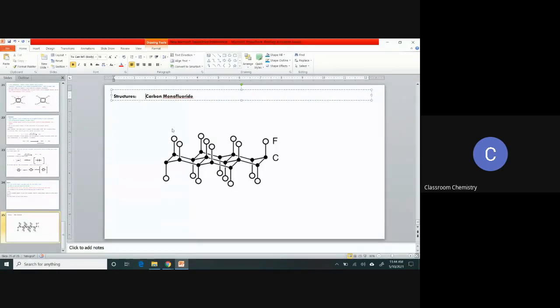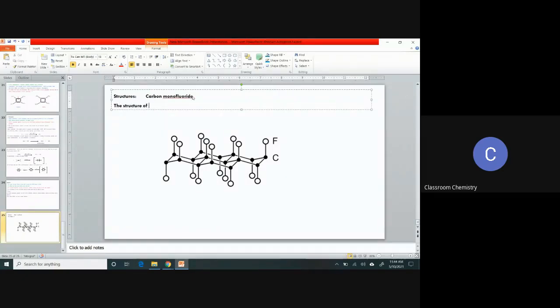A layered structure is there, and in this layered structure, here is the carbon and here is the fluorine. So the structure of this carbon monofluoride is made up of puckered layers. Okay, that is the structure of carbon monofluoride.